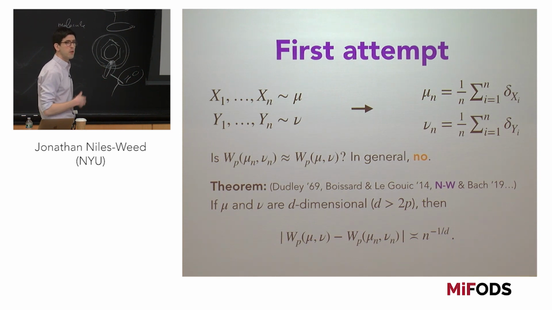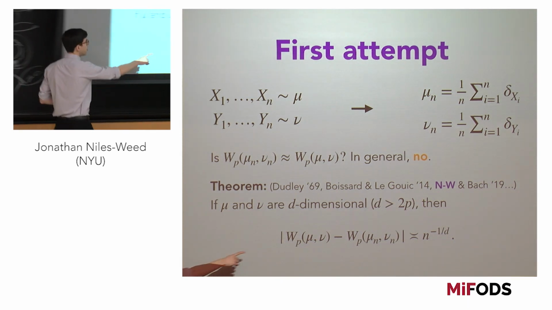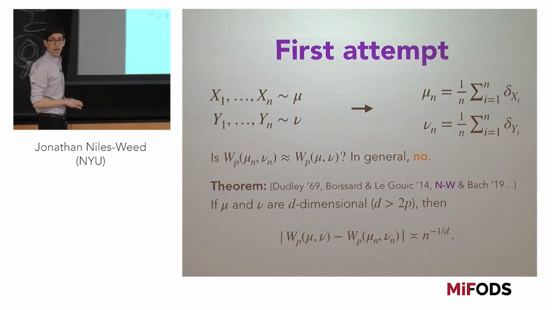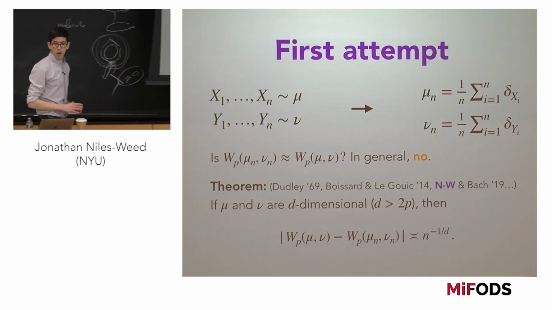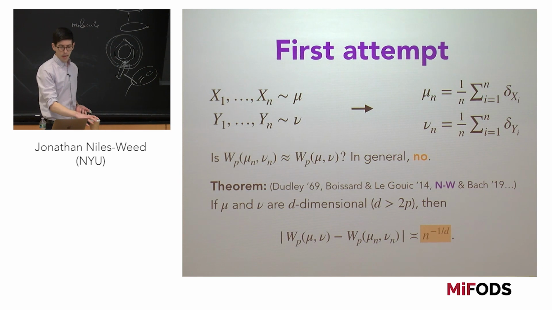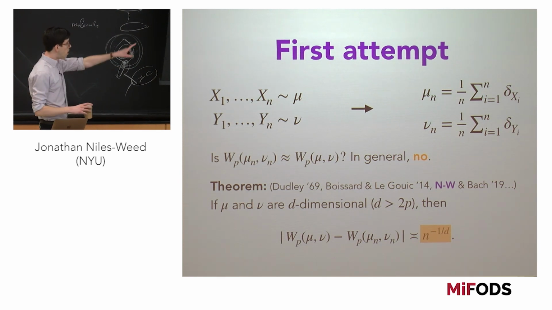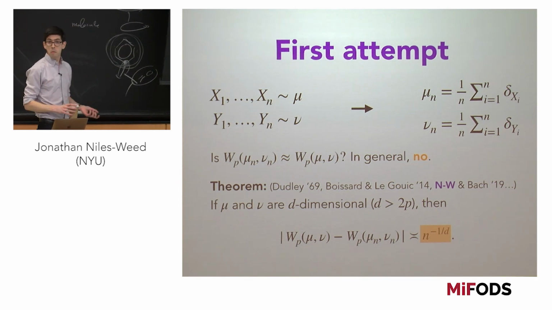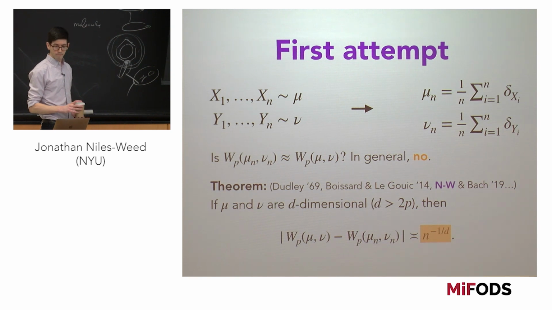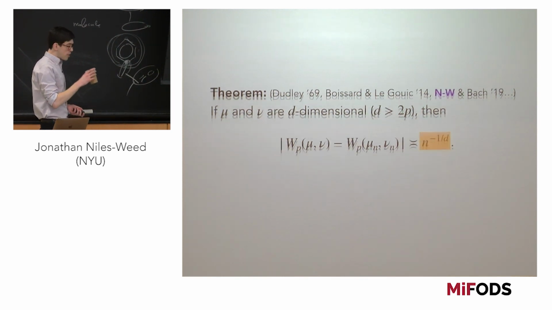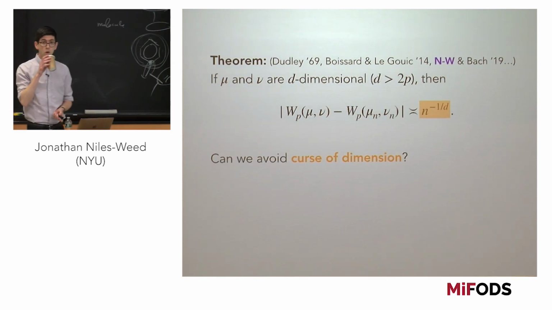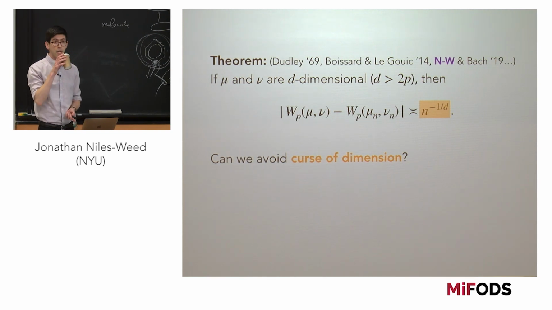I need a number of samples exponential in the dimension in order to get anything that approaches the true underlying quantity that I hope to estimate. So this is the problem from our perspective. Is there anything that we can do to make this rate any better? Maybe by some other idea. So that's what I mean by the curse of dimension. Is there anything we can do to avoid this rate?